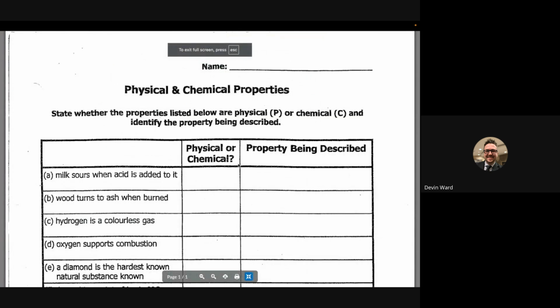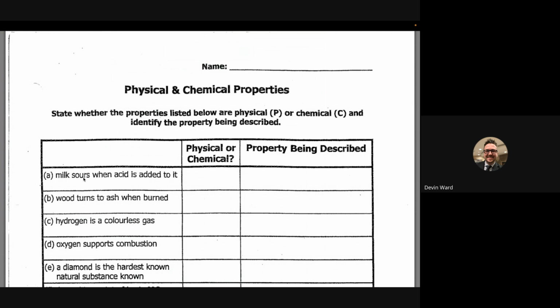What I want you to do is, say you have "milk sours when acid is added to it." State whether it's a physical or a chemical property. So put either P or C and say which one it is. Milk sours when acid is added to it. The souring process is a change.